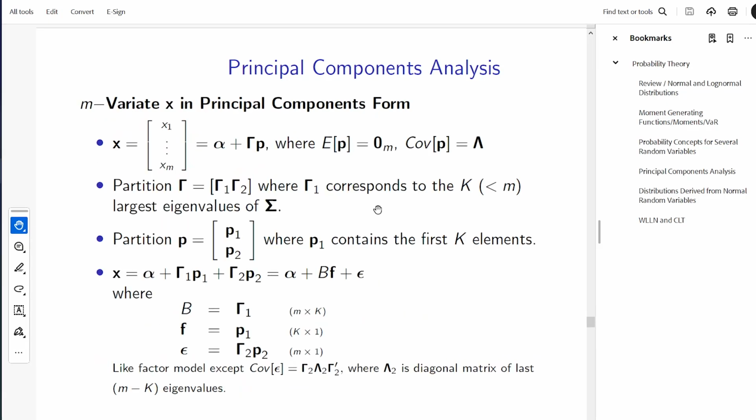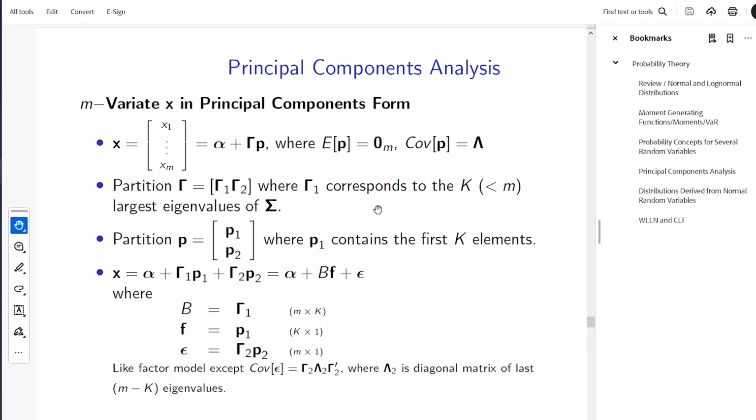So let's see. There's this version of principal components where we consider splitting the first k principal components into a gamma 1 matrix and the remaining ones into a gamma 2 portion. And so one can then think of there being a linear model for our outcome x variable, which might be simplified to just a mean vector plus a matrix times the first k principal component variables plus error.